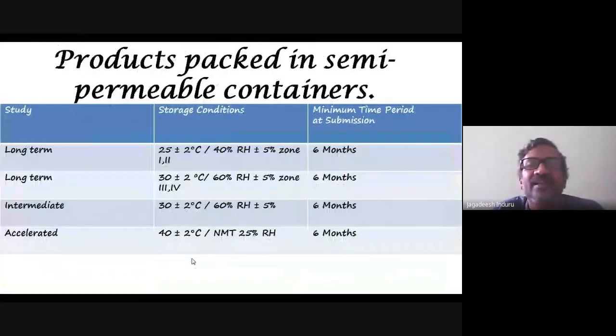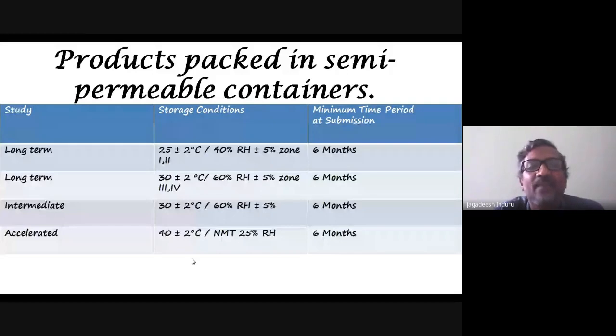Products packaged in semi-permeable containers, like blisters and ampoules, have long term, intermediate and accelerated conditions. Previously we saw for zones 1 and 2, 25 to 40% RH, long term 30 plus or minus 2 and 65% RH, and intermediate 30 and 65% RH.